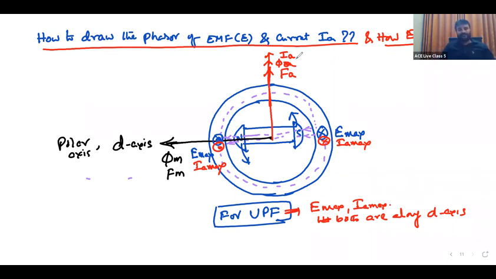These are instantaneous values, I maximum, but to draw the phasor, apply the thumb rule.